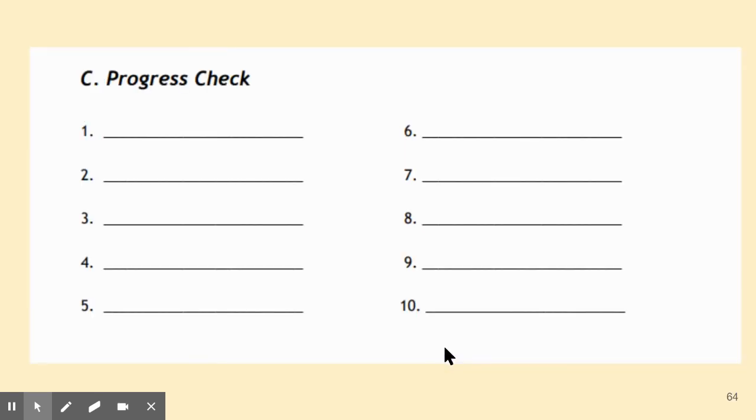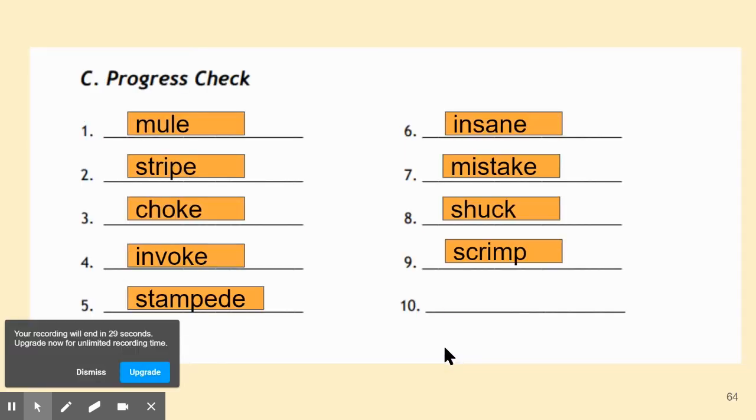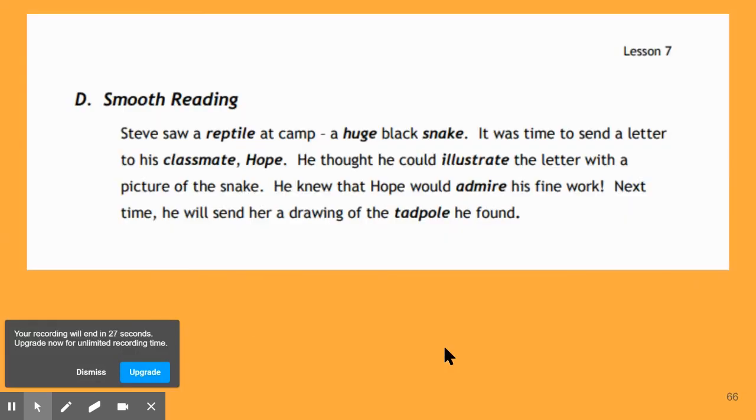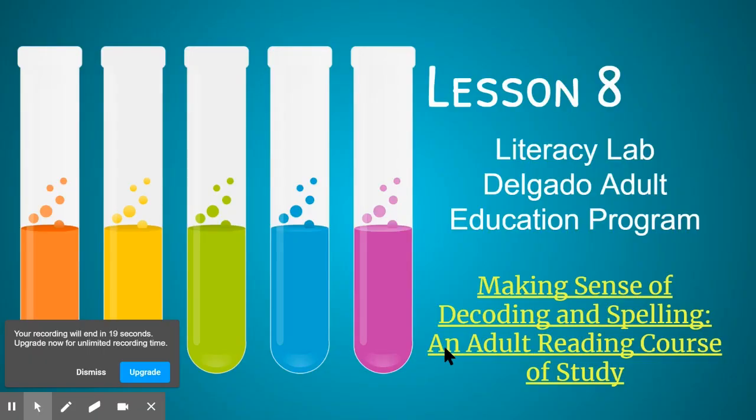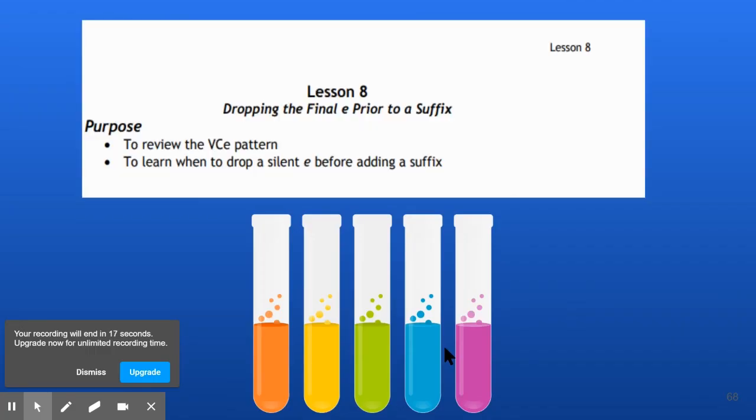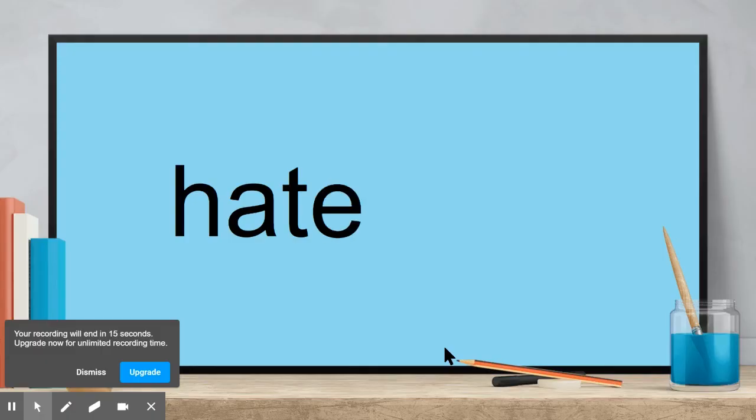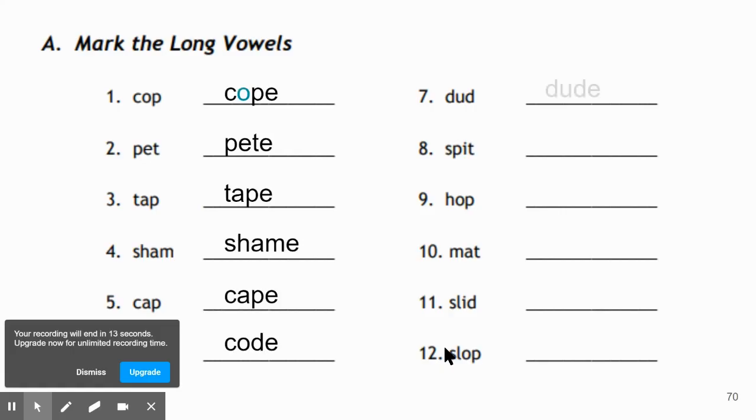I encourage you to look through the slides, to read them yourself, to read the different articles or smooth readings. And then we will, just as a precursor, put this lesson 8 in here, and we hope to get to this, which is the dropping of the E.